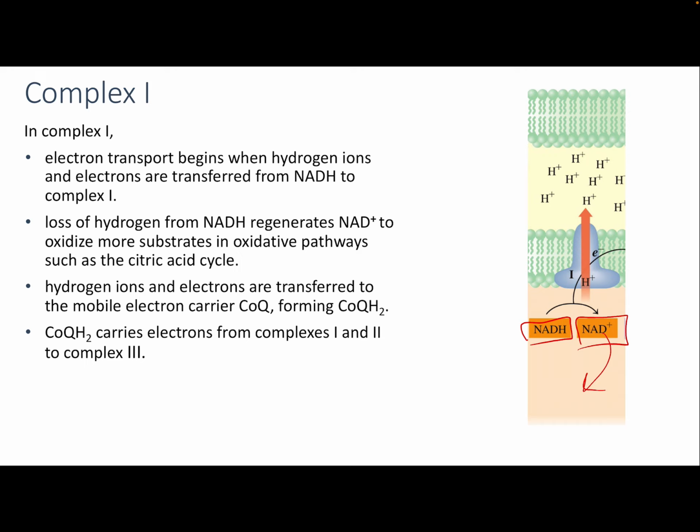The hydrogen ions are also going to be pumped across the inner membrane into the intermembrane space, and then the electrons are given to coenzyme Q.